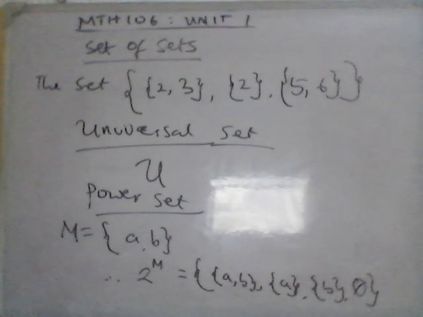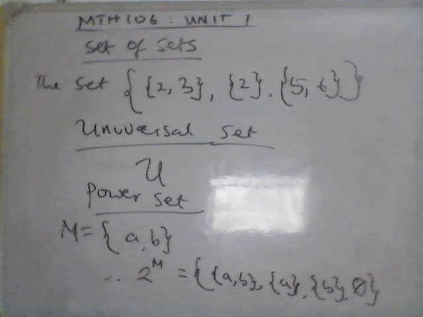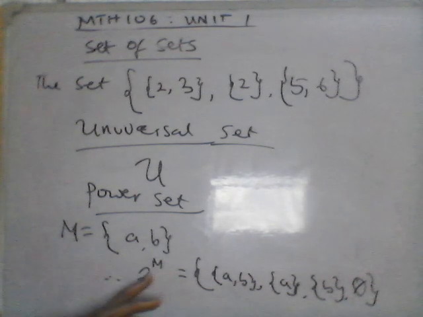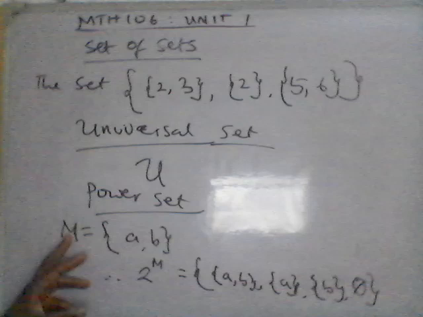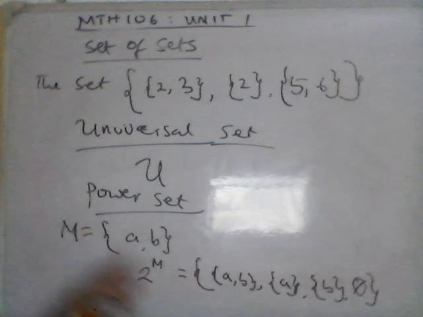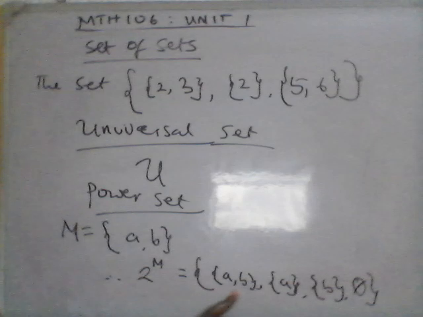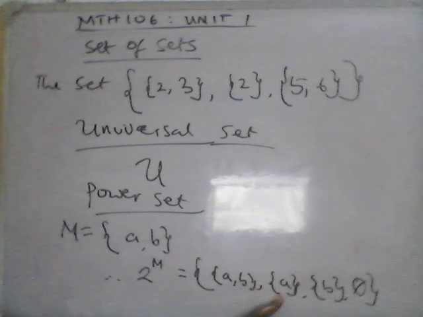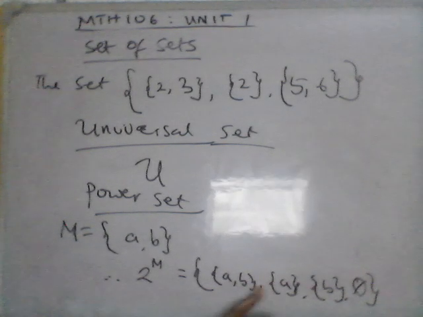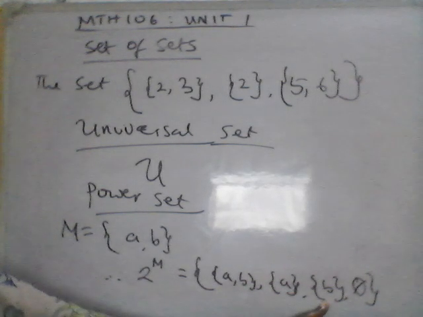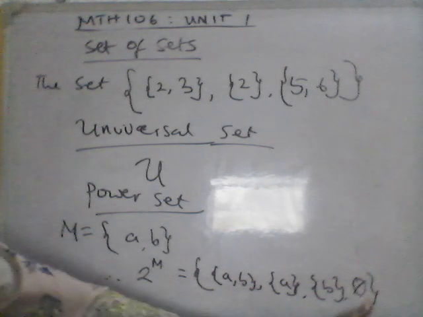So this is the power set. The power set is like 2 raised to the power of the set itself. So you have this set here, that's the set itself as a subset. Then you have one element of the set as the second subset. Then you have the second element of the set, and you then have the empty set.